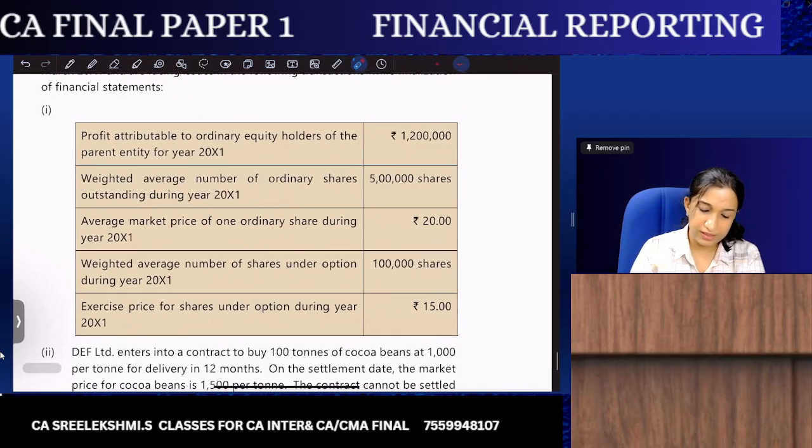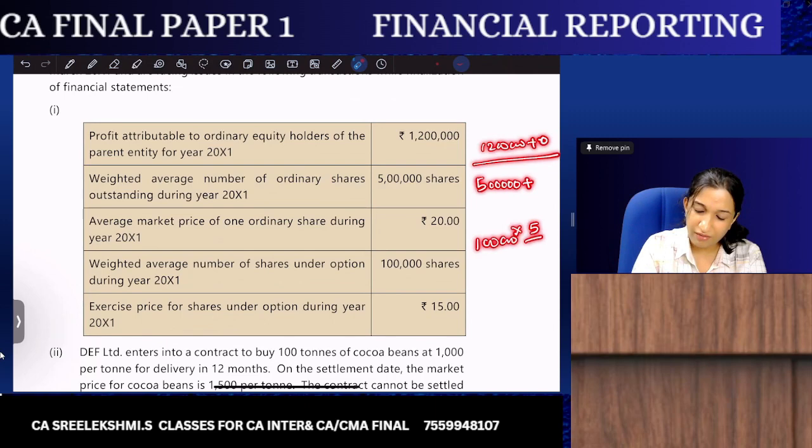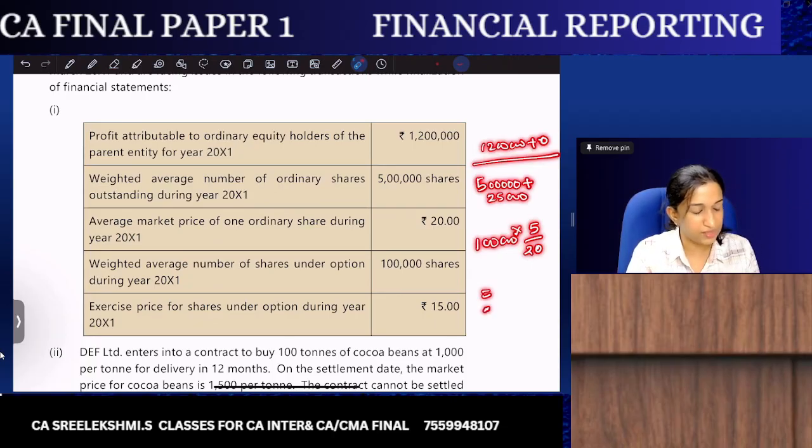Diluted EPS: 12 lakhs plus 0, because there is an option, so no additional profit, divided by 5 lakhs plus the bonus element. 1 lakh into, how much is free? 5 out of 20. So 5 lakh plus 25,000. So 12 lakh divided by 5 lakh 25,000 is how much?